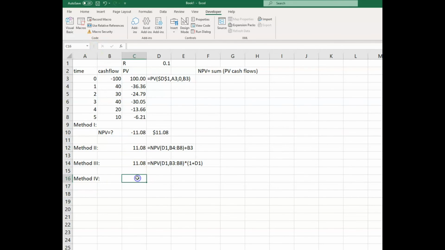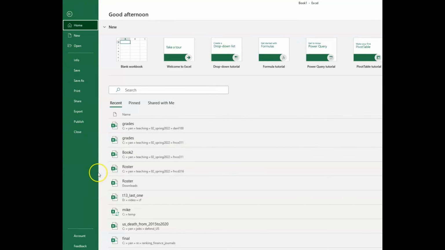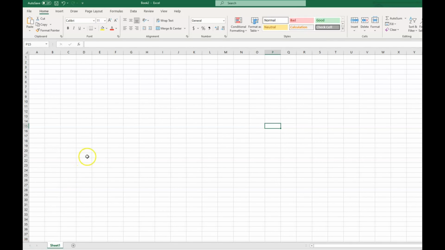If Developer is not available, I'm going to make it disappear and appear. When we copy and paste a macro, we need the so-called Developer tab.